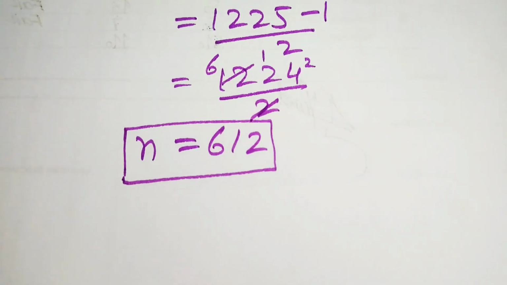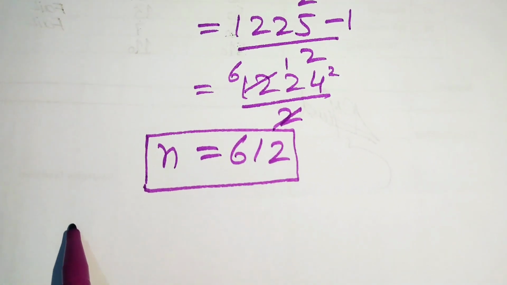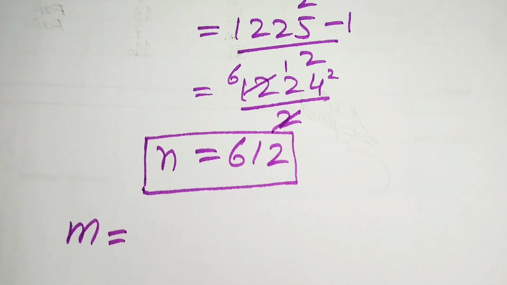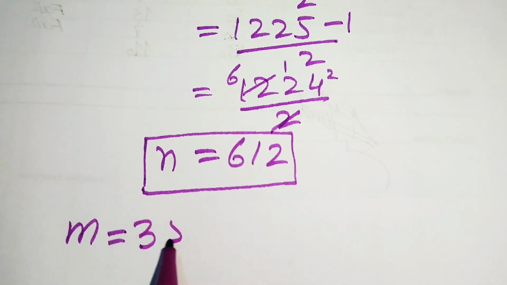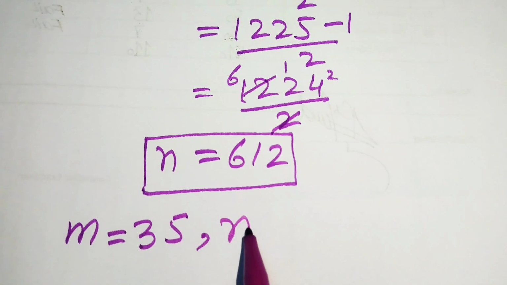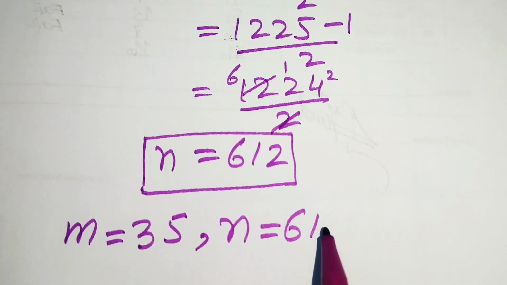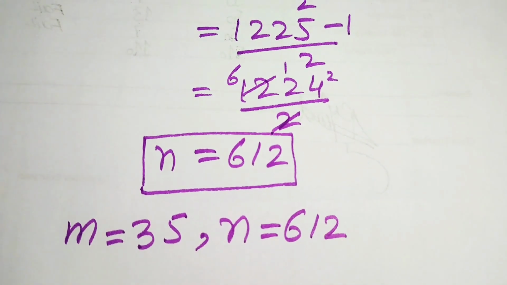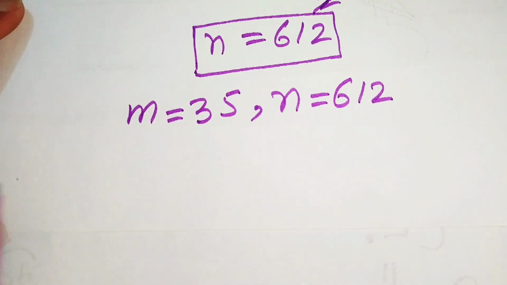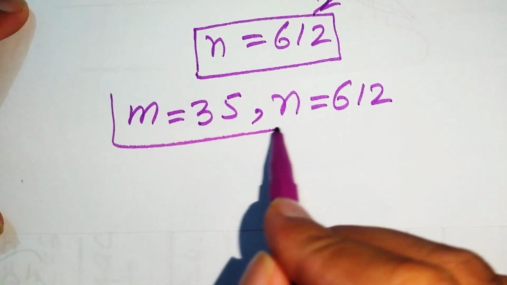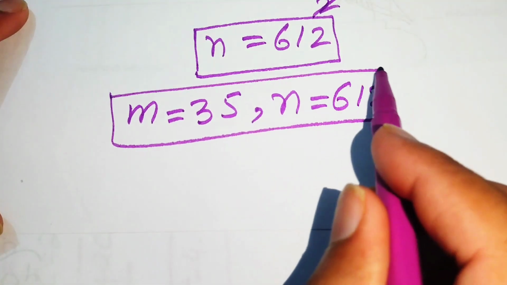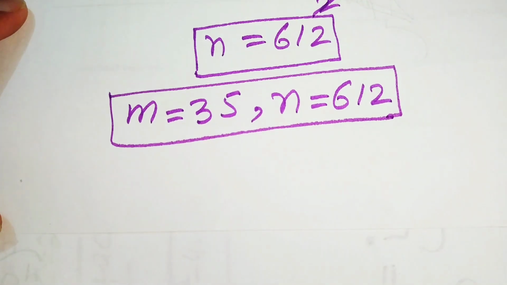So our required value of m is 35 and the value of n is 612. These are the values of m and n, which is our required result.